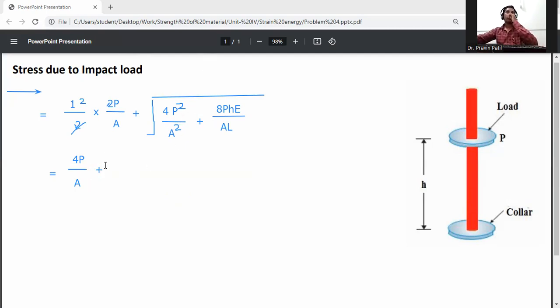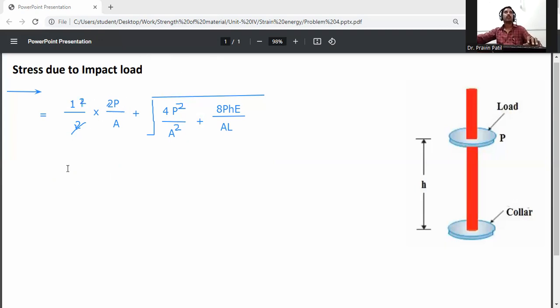We will take common 4 from this; root of 4 means it will become 2 outside. Divided by, okay, this 2 will get cancelled.